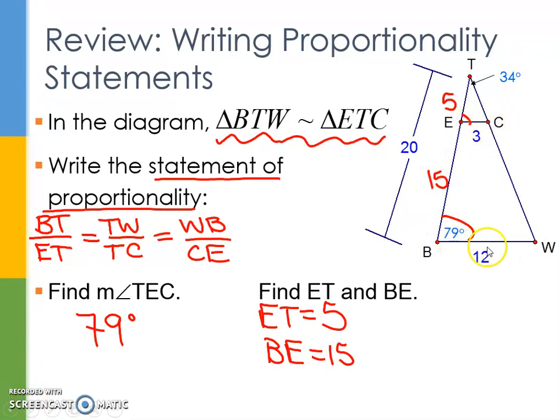So this line is 4 times bigger than this line. So if this is 20, this will be 5 because 5 times 4 will be 20. Then this missing side is 15 because from T to B is 20. So 5 plus 15 is 20. So ET is 5, BE is 15. The scale factor is 4 to 1.